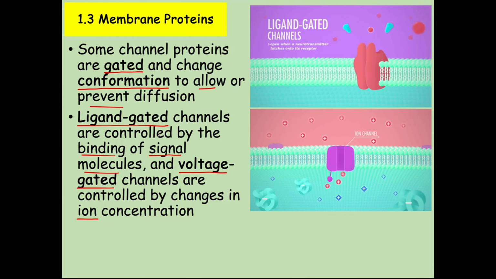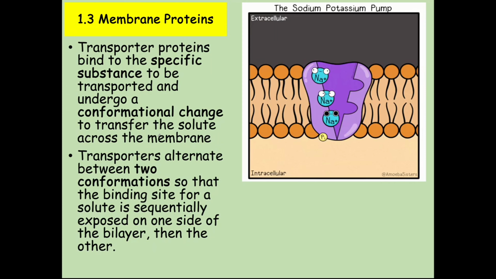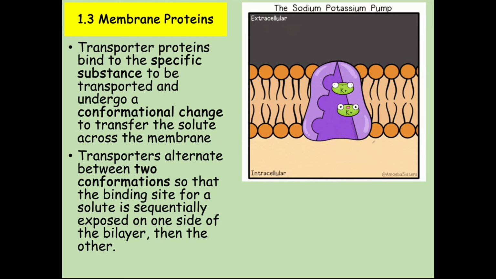Now, we've also got transport proteins, okay, transporter proteins, and what they do is they bind to a specific substance to be transported, and when they do that, they undergo a conformational change, which will then transfer the solute across the membrane. So in this circumstance here, okay, this is a particular type of transporter protein that we'll learn more about in a short while. But you can see what happens in this one, okay? You can see the conformation change in the protein there.